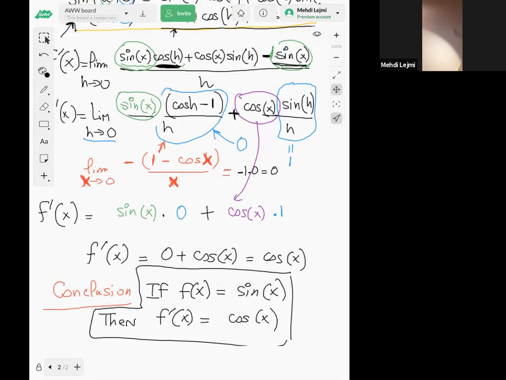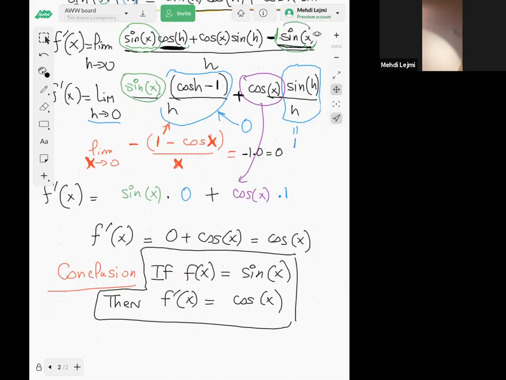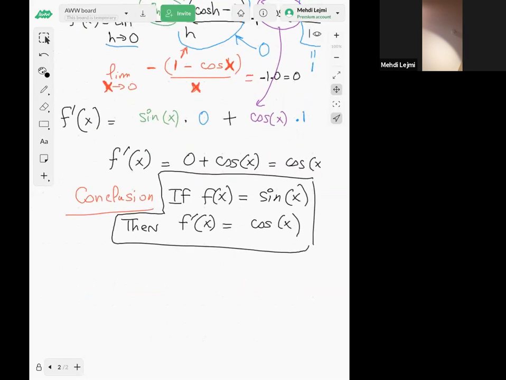Okay, guys, you know what? As an exercise, I'm going to give you an exercise where you have to compute the derivative of cosine. I'm going to give you the trig identity that you're going to need to compute the limit. So, exercise.